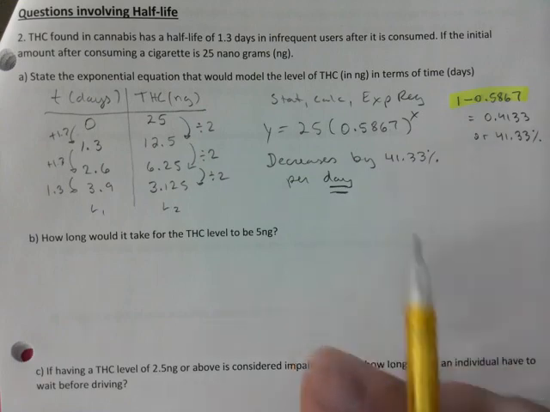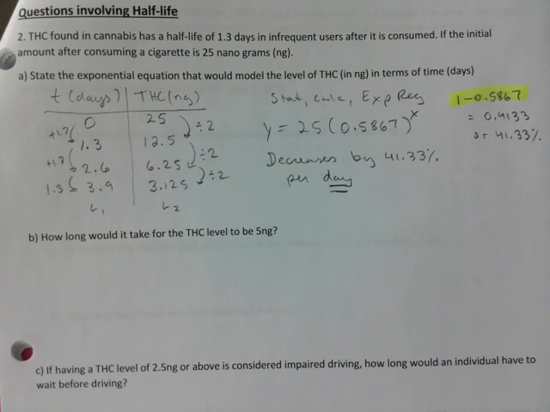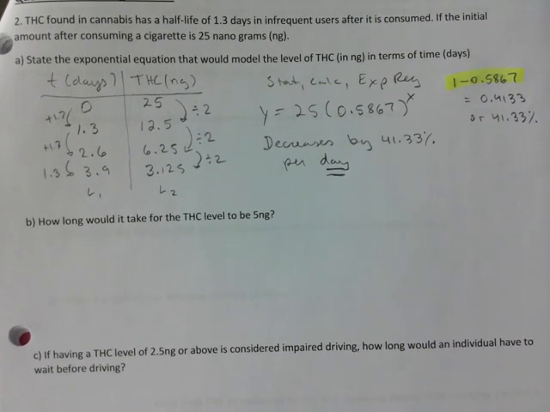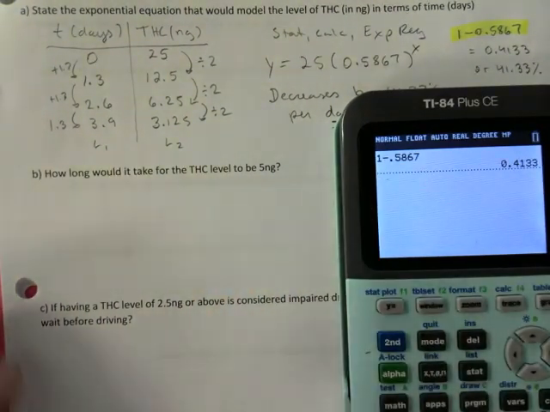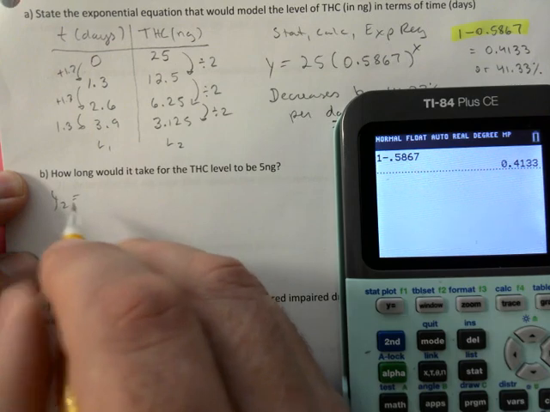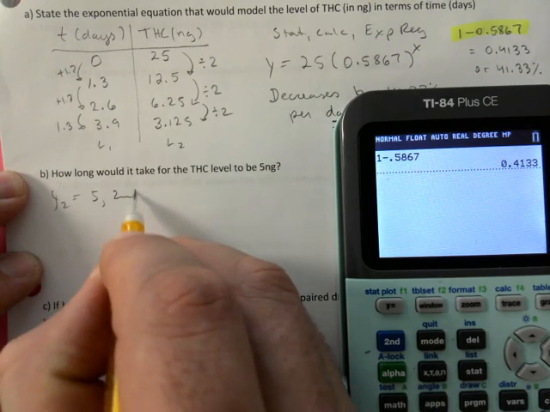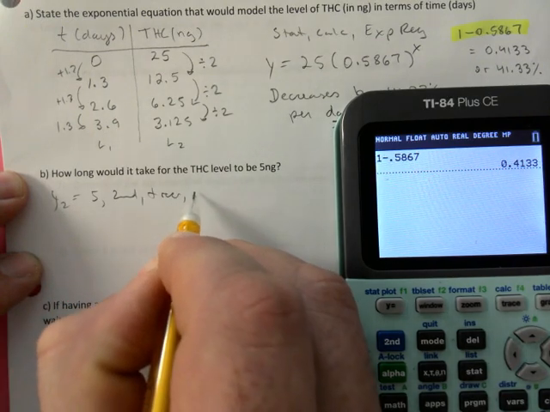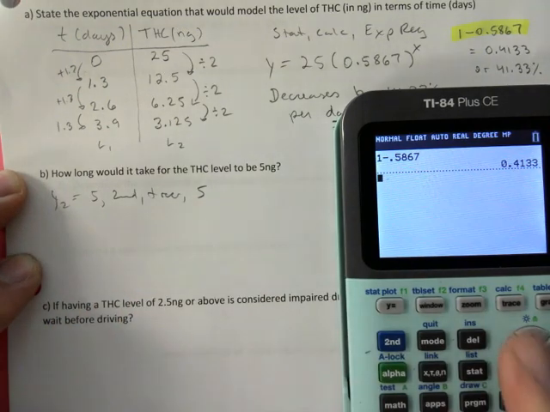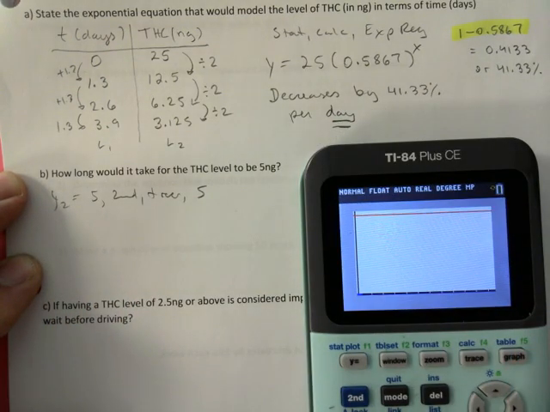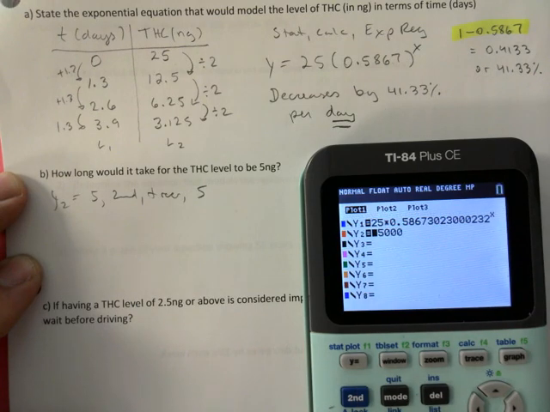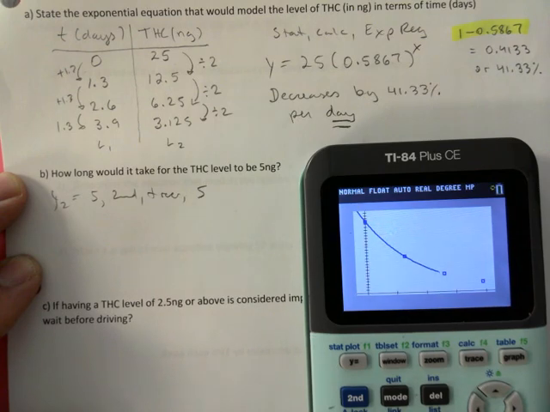Okay. How long would it take for the THC level to be 5 nanograms? So that's y2 is equal to 5. I want to see what the graph looks like. My window needs to be severely adjusted. Did you try Zoom 9? There you go.